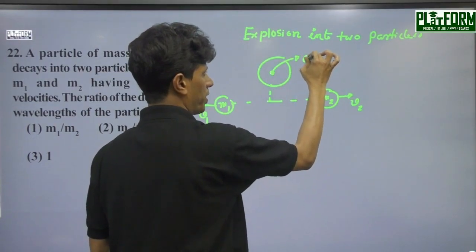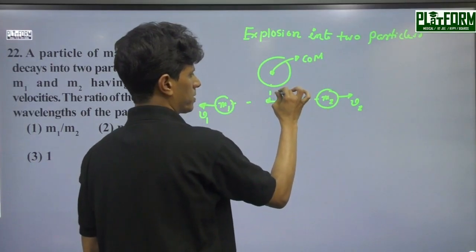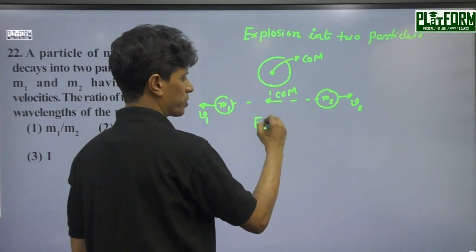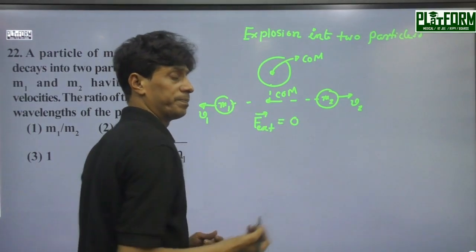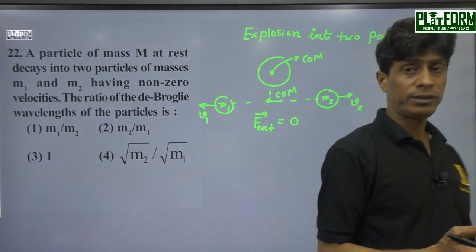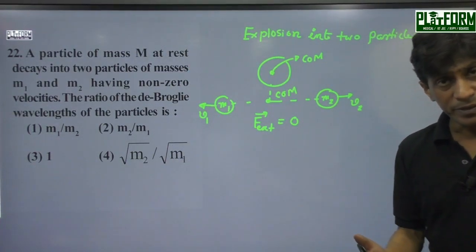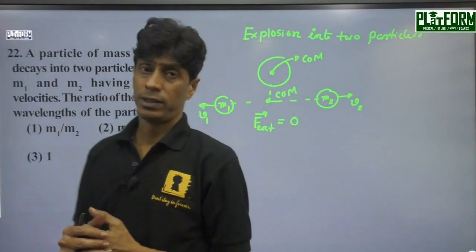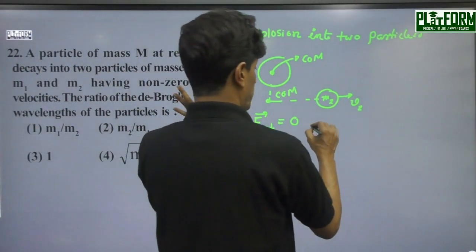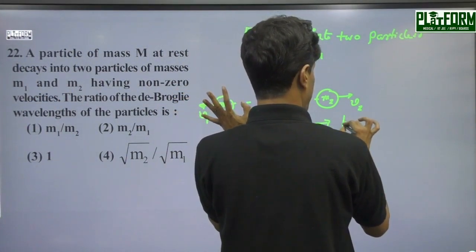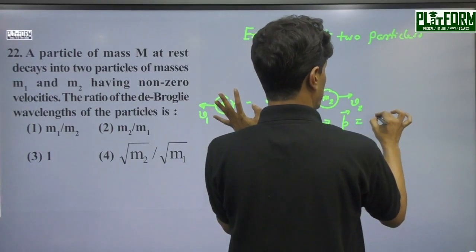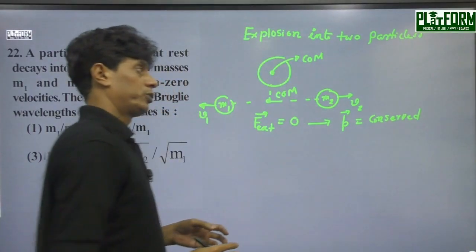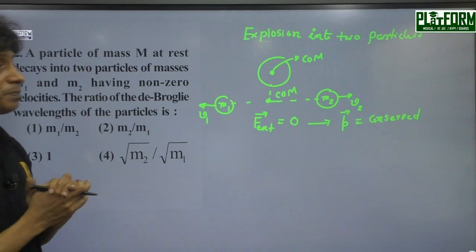This is the center of mass. Center of mass remains stationary since there is no external force applied for this explosion. Explosion takes place because of the internal force or internal energy. Since there is no external force applied, we can say the momentum is conserved. So this is a very fundamental idea, you know.